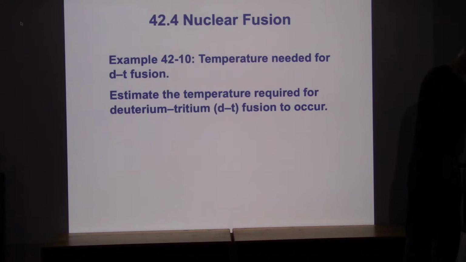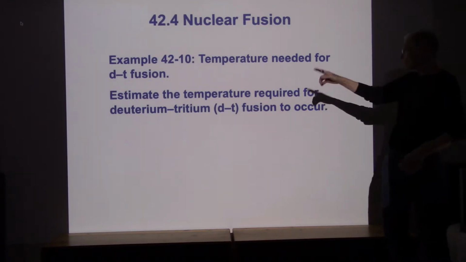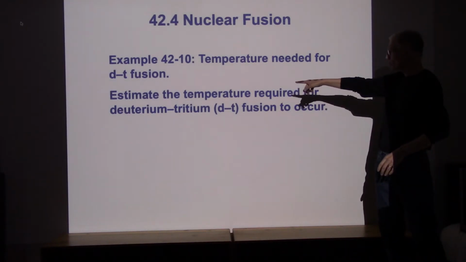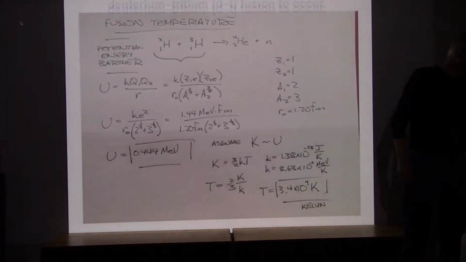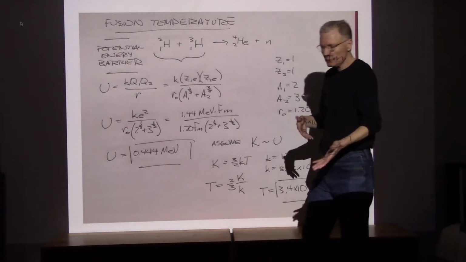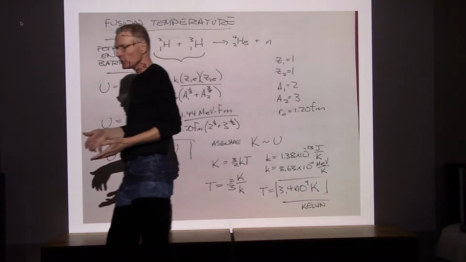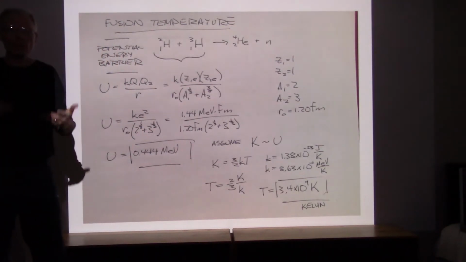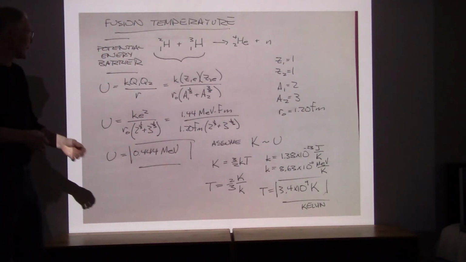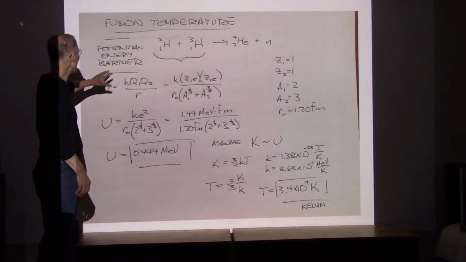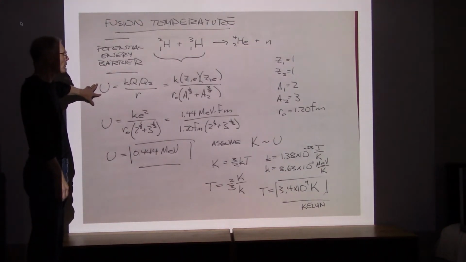Now, another example we want to take a look at is what are the conditions, what are the temperatures at which deuterium and tritium would just run into each other and run these reactions. So we can come back and look at the potential energy barrier for that.